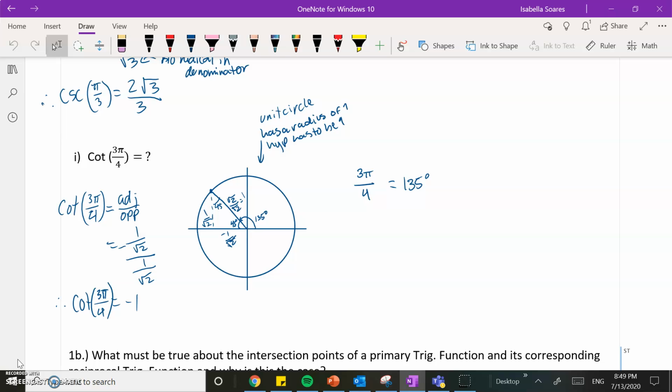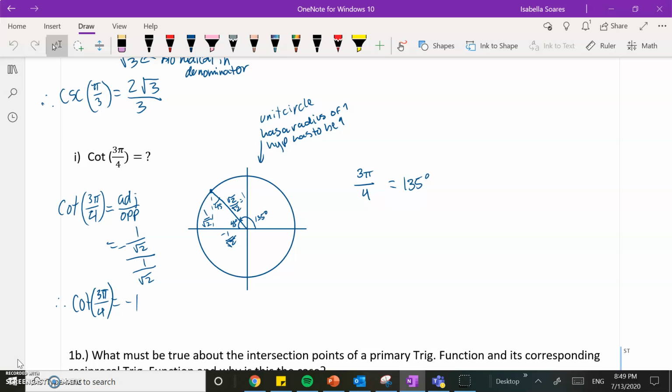So it would have to be a 45 degree special triangle. So then I divided all the sides by root 2 so that my hypotenuse could be equal to 1. Because again, the unit circle has a radius of 1.